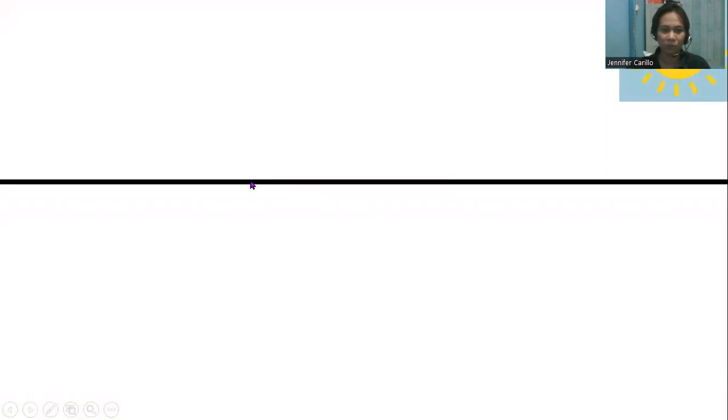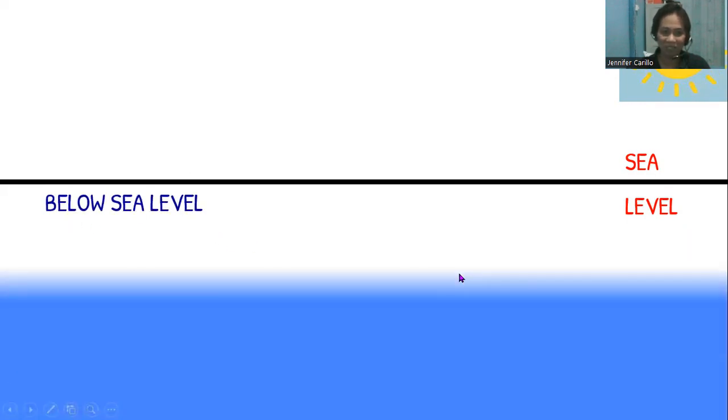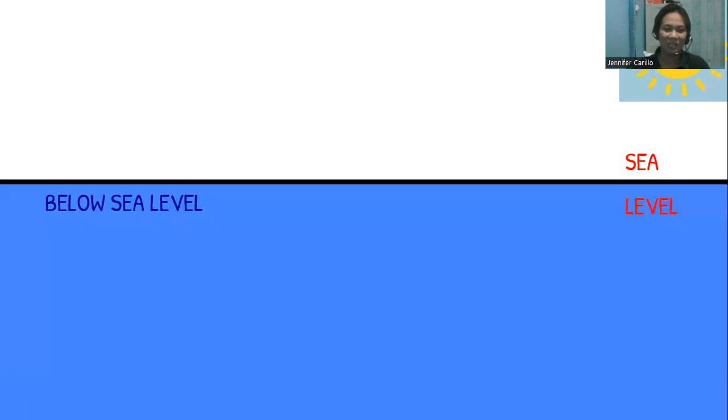So let us assume that this black line is what we call the sea level. Under it, let us label it as below sea level and color it with blue so that our mind will tell us that this is below the sea level.